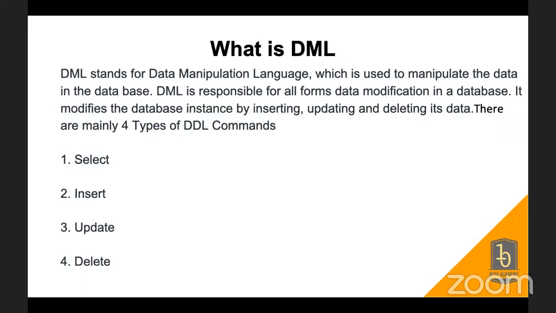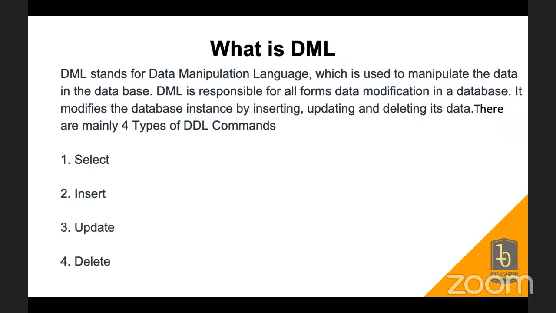Once you define the structure, you have to fill the data in the database and you can manipulate the data. That is where DML comes into the picture. It modifies the database instance or a database table by inserting, updating, and deleting its data.